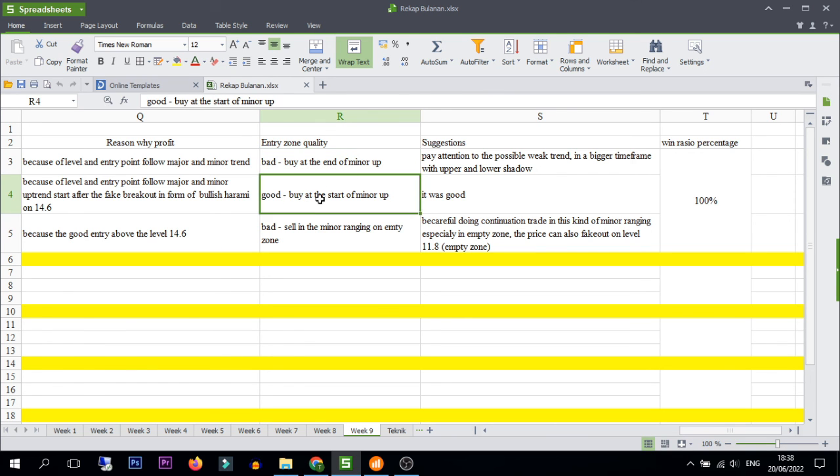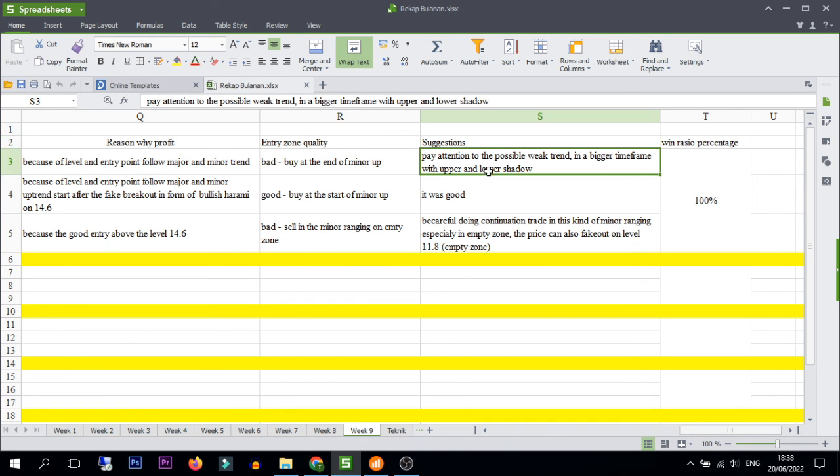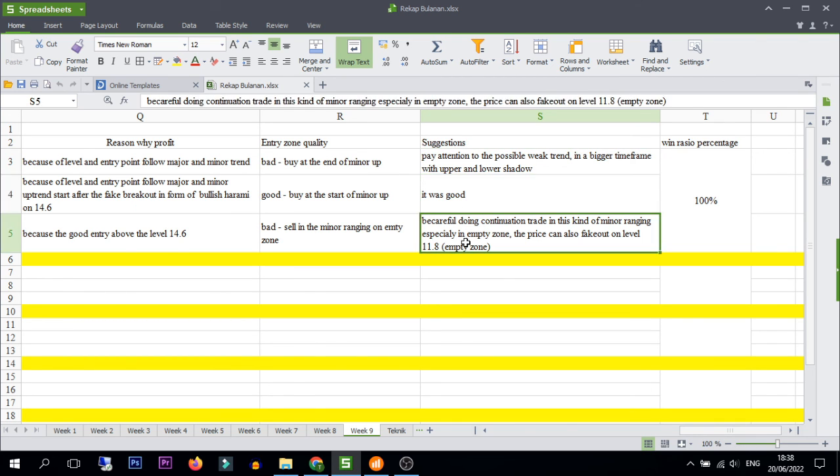Okay, so number one is the bad quality of zone, number three is bad, number two is good. The suggestion for number one is to pay attention to the possible weak trend, as I told you before. Number two is nothing, it was good.